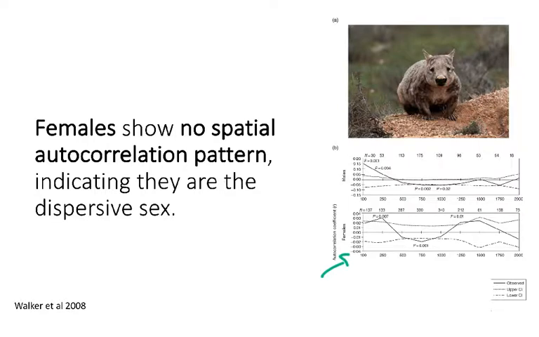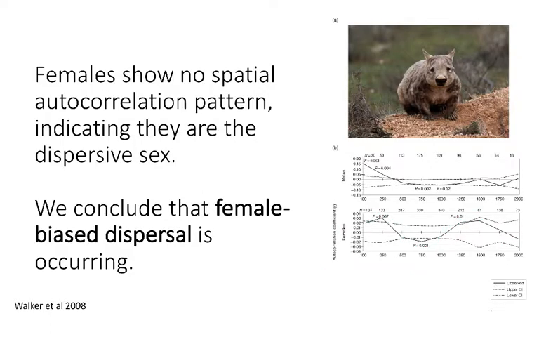Distance is still the x-axis and the correlation coefficient is the y-axis, but now we see a pattern that's all over the place. That indicates that females are the ones moving between different populations. So here we would conclude that female-biased dispersal is occurring in the southern hairy-nosed wombats.